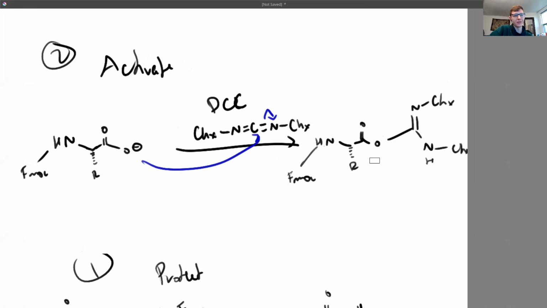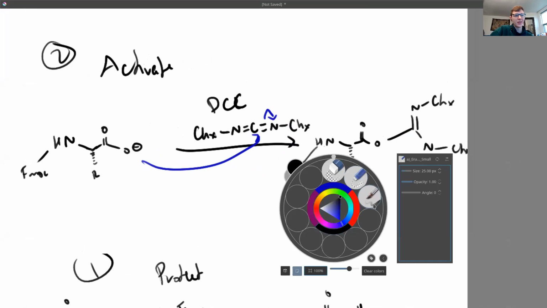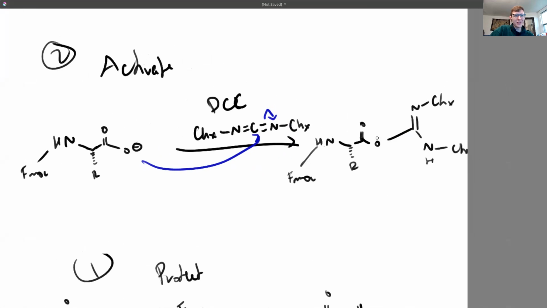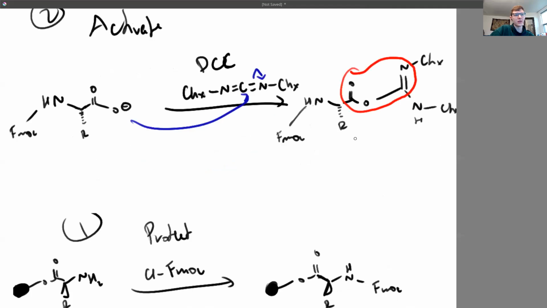And so here we go, we have this whole thing. And what we're finally getting to is the point that this is really similar to an anhydride.